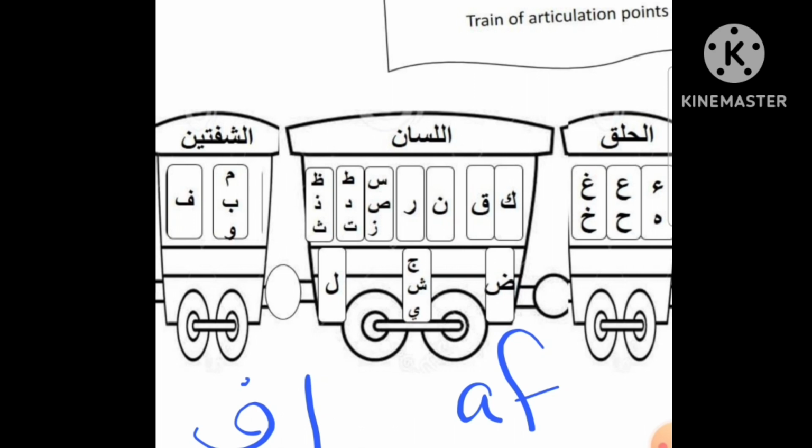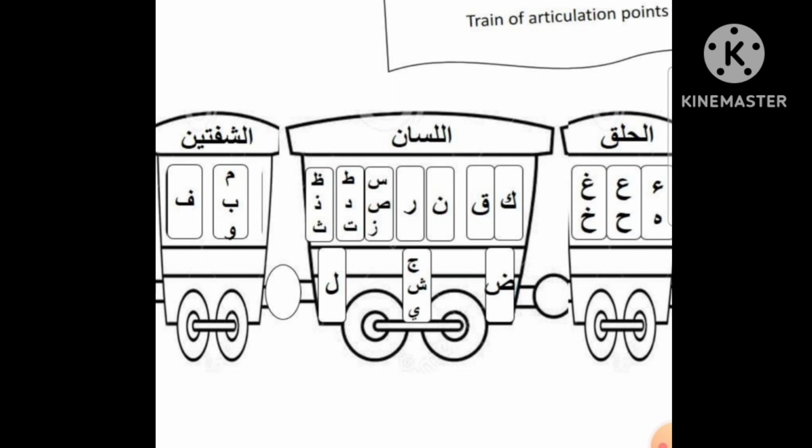Say Af. Stand in front of the mirror, then you can see it very easily and very clearly. The tip of the upper two teeth touches the lower lip. Okay, so this is the articulation point of the letter Fa.